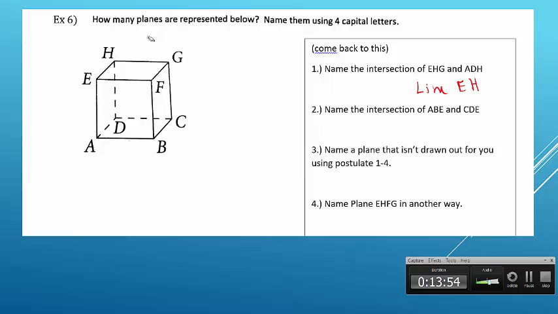Next ones we're looking at are ABE, so that's the front, and CDE, which is the diagonal going from top front to bottom back. The letters they have in common are E and F. So you're going to write line EF.